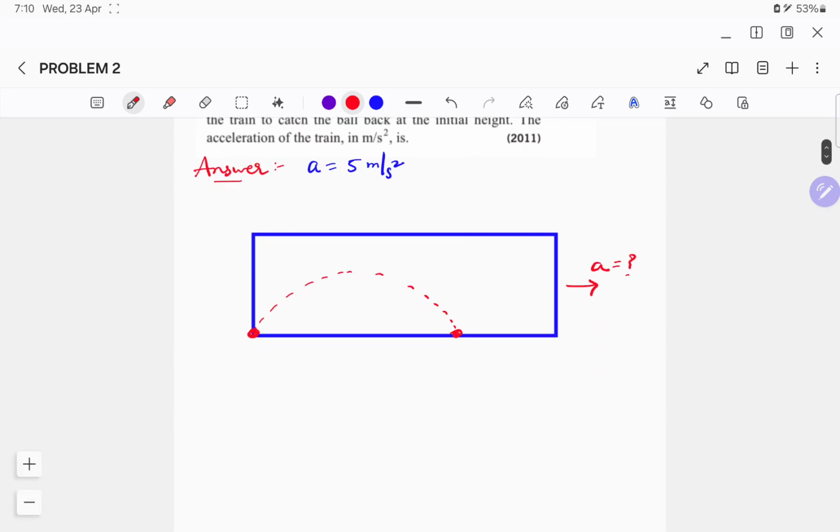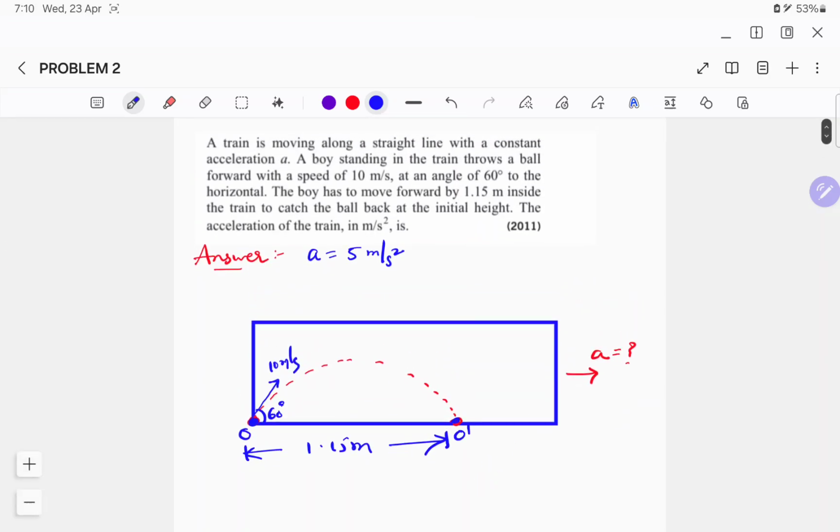If you question the boy, or if you are in the place of the boy, he can say that he projected with 10 meter per second at an angle of 60, and to catch the ball he ran towards the ball. To catch the ball he traveled 1.15 meter, which is mentioned in the question itself.